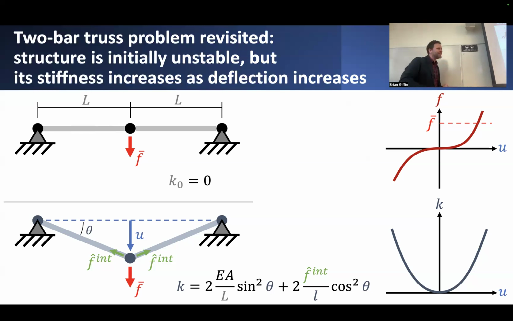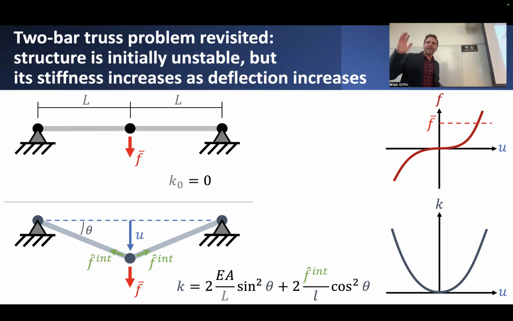If you were to run the analysis only considering configurations relative to this undeformed configuration, you'd be saying, let's start at the bottom of this U-shaped curve, which basically says stiffness is 0. That's a bad place to start. But if you start departing from that, now stiffness is well-defined. It becomes increasingly stiff as you continue to deform it.